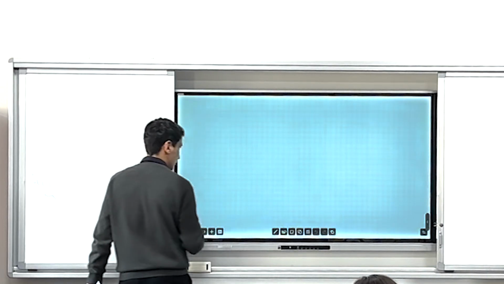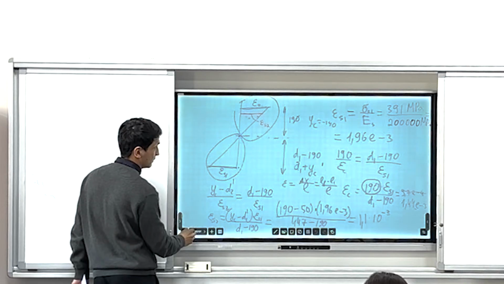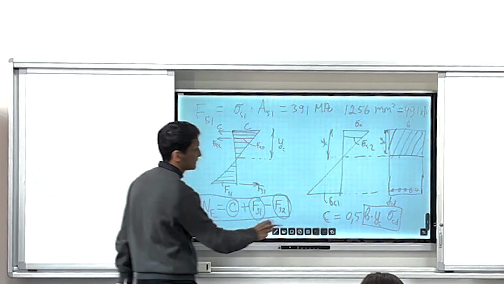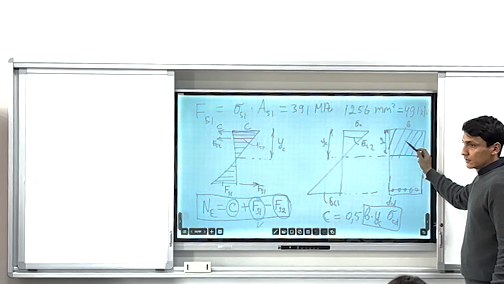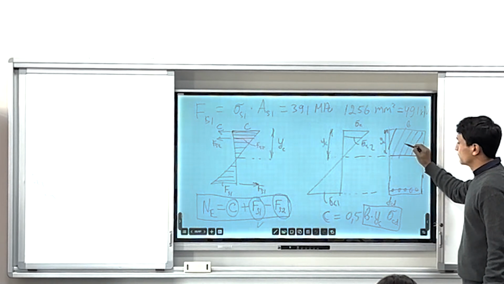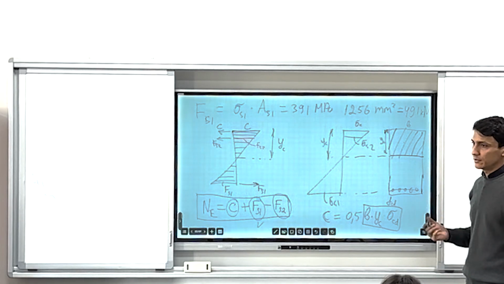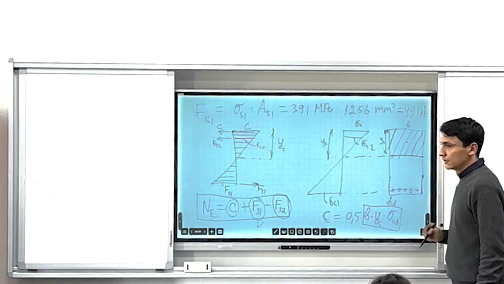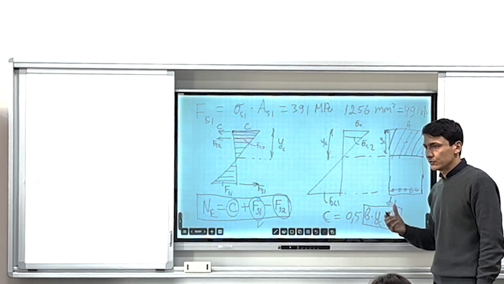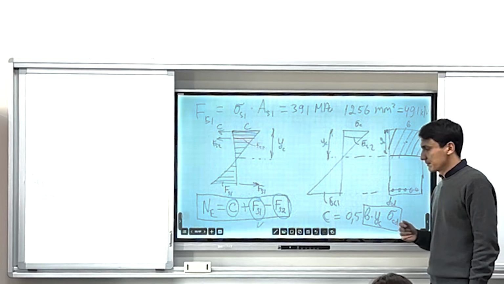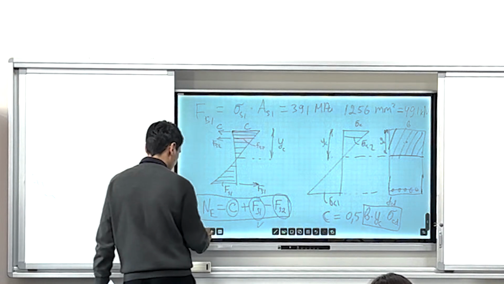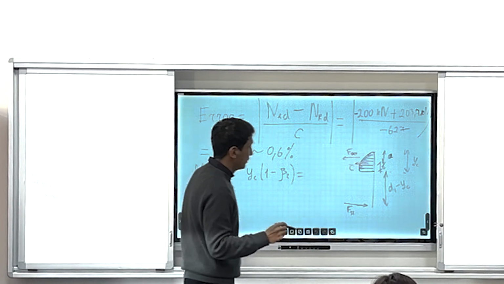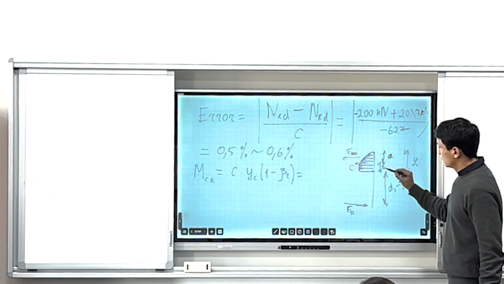I've shown here, this is your concrete, right? You don't know from which point the concrete will create bending moment around the neutral axis. You don't know its center, which gives the force that contributes to the bending moment of the section. So in order to find that point, we need B, right?